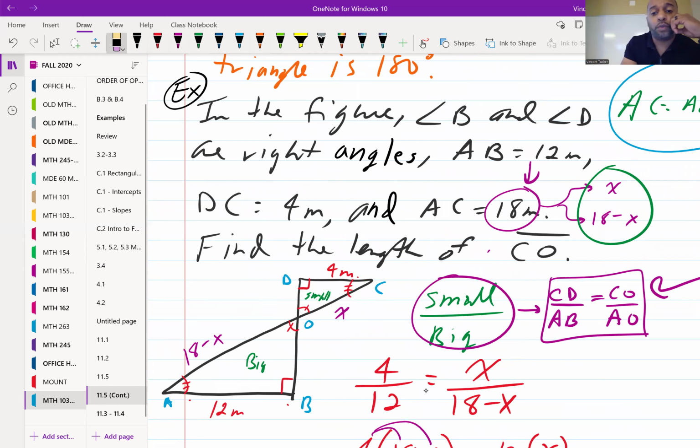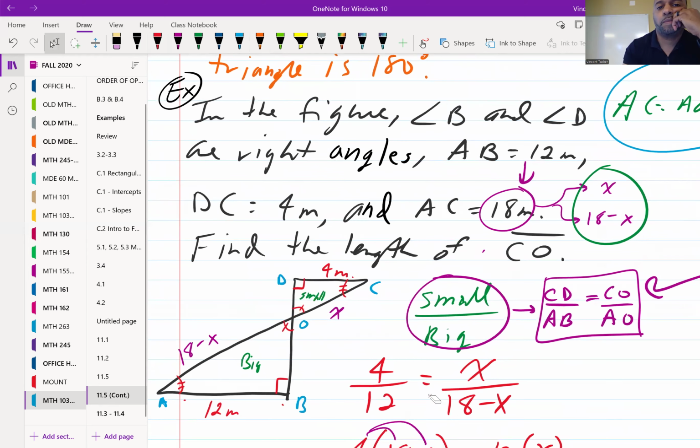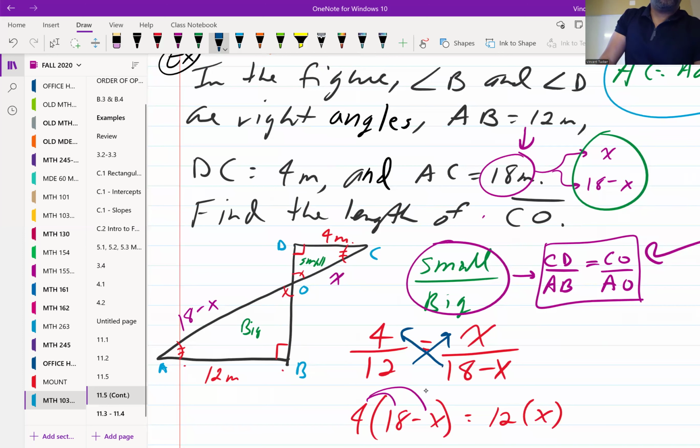So I'll do 4 over 12 equal to X over 18 minus X. Once you have your proportion set up, you will cross multiply. That'll be 4 times 18 minus X equal to 12 times X.